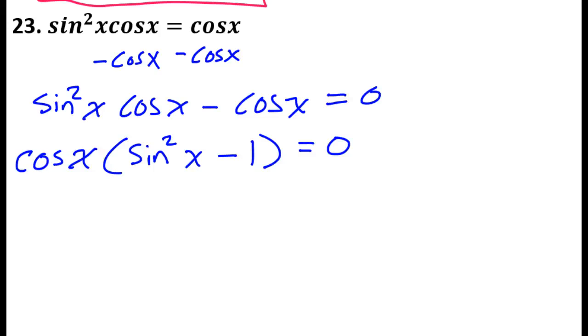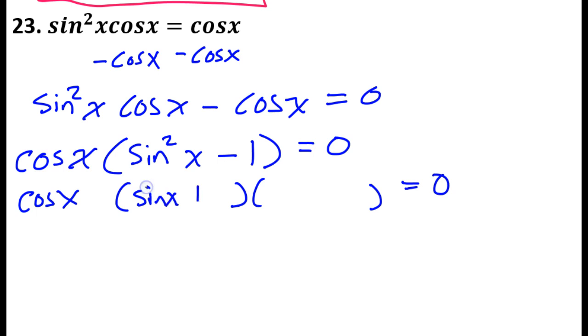Okay, so I'm going to factor this by the difference of two squares. I'm going to keep the cosine out front, and I will just factor this. So difference of two squares: this will be sine x plus 1, sine x minus 1. So I can get a solution by setting each of these three things equal to 0.